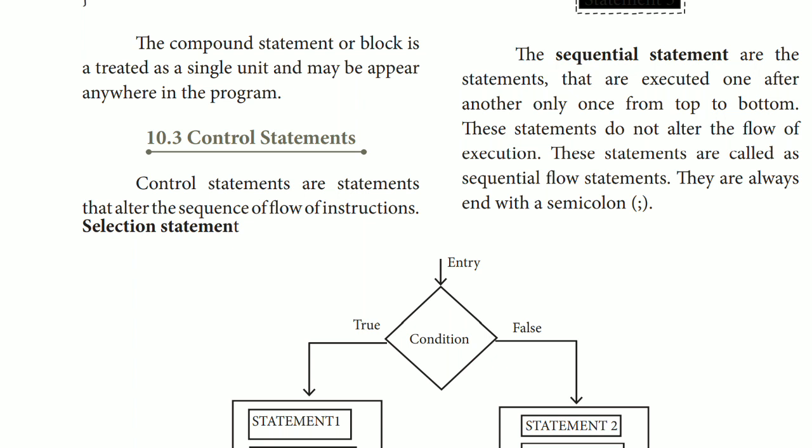For example, it goes back to the top again. Now it is changing the position, changing the flow of execution. This kind of altering of the sequence of flow of instructions is known as a selection statement.